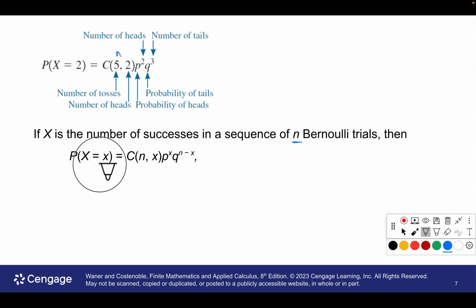And again, they're telling us how many successes we want. That's going to go here. And P is our success rate. So P to the X, that's how many successes we had. And then Q is the complement, to the n minus x. So we'll do an example here, but basically you can just plug everything into this formula.